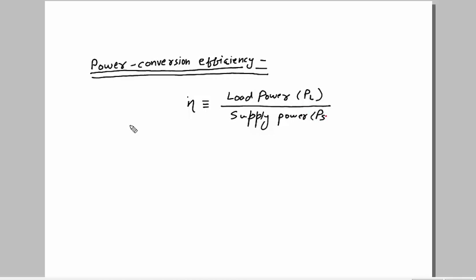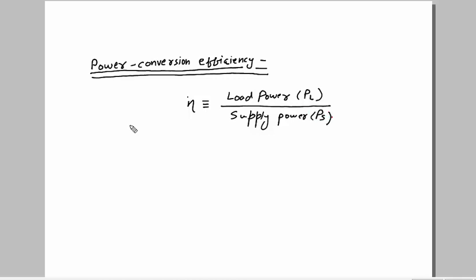The power conversion efficiency of an output stage is defined as eta equals load power, which is PL, divided by supply power, which is PS.